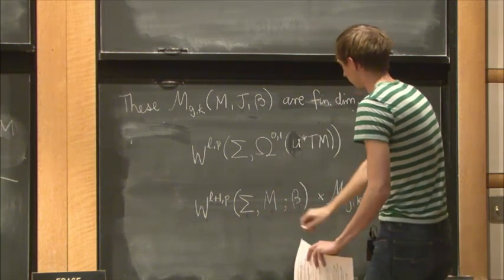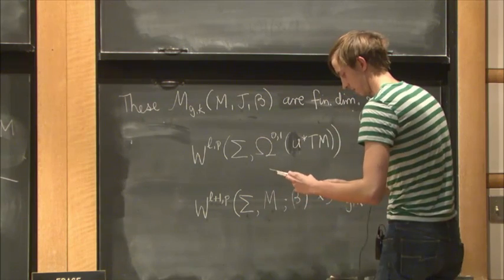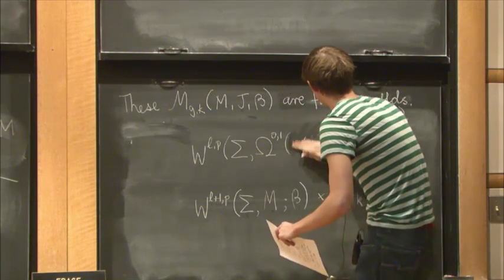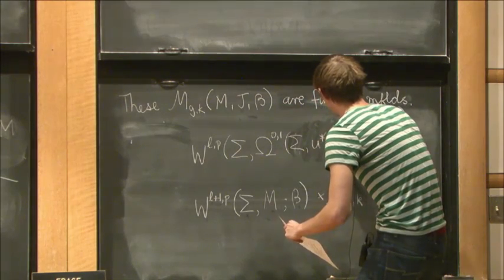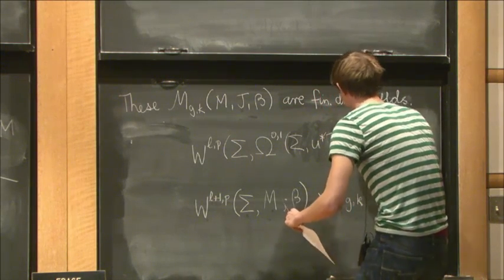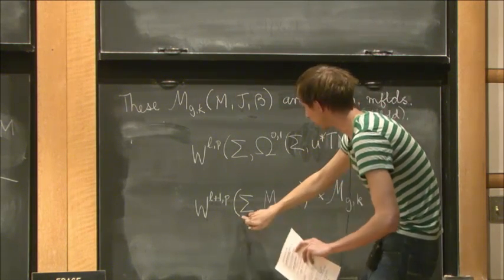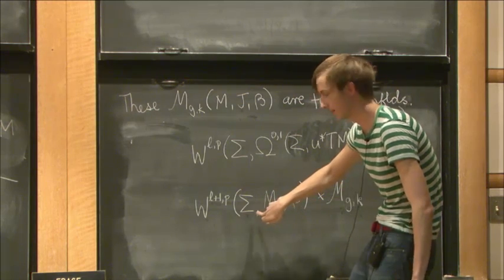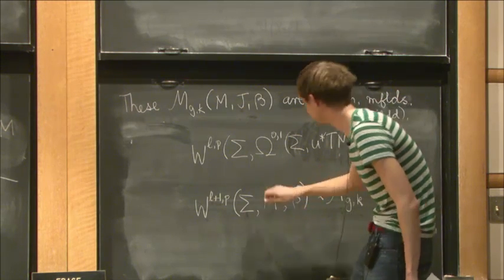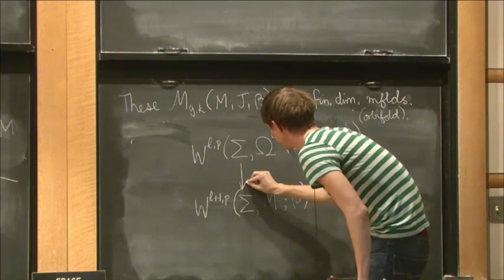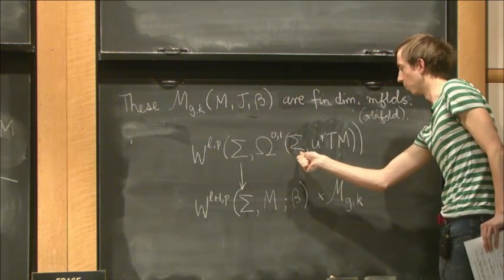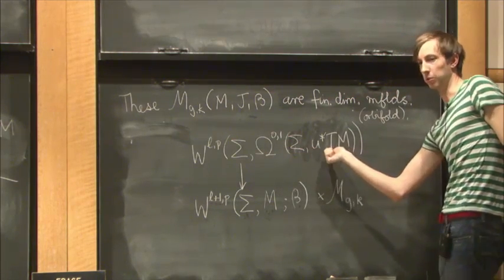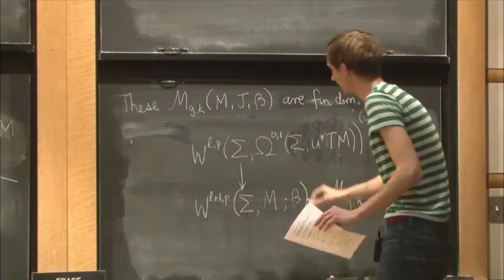Okay, so we have, sorry, I should have written sigma there. So we have this space of maps from sigma into our manifold, together with some bundle over it, which is the bundle of 1-forms on sigma with values in the pullback of the tangent bundle.